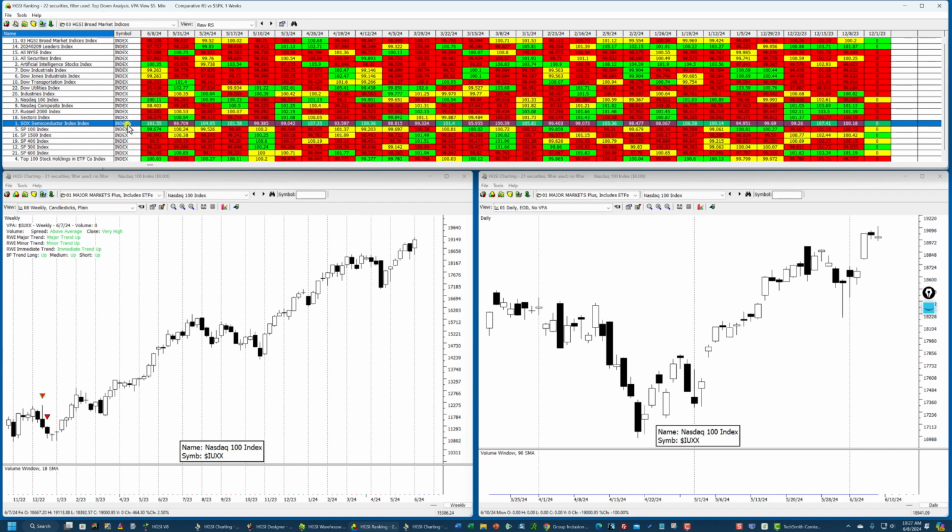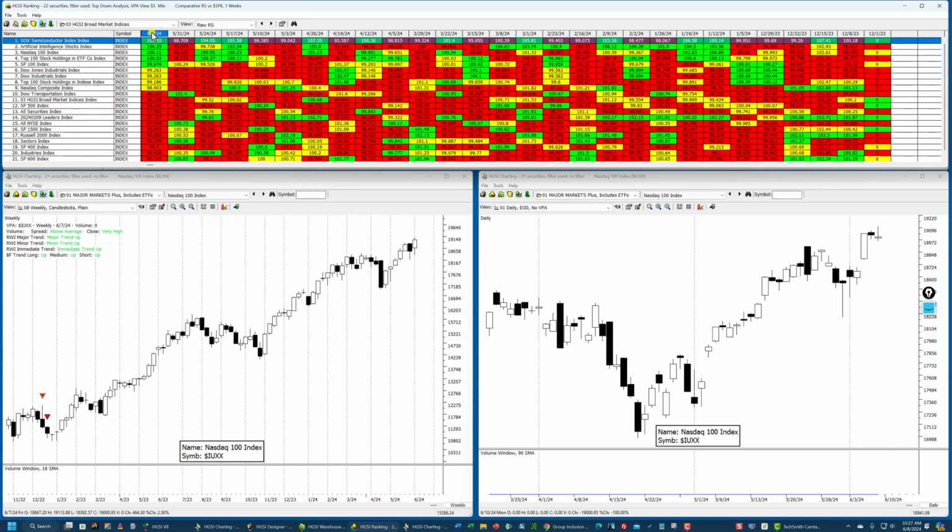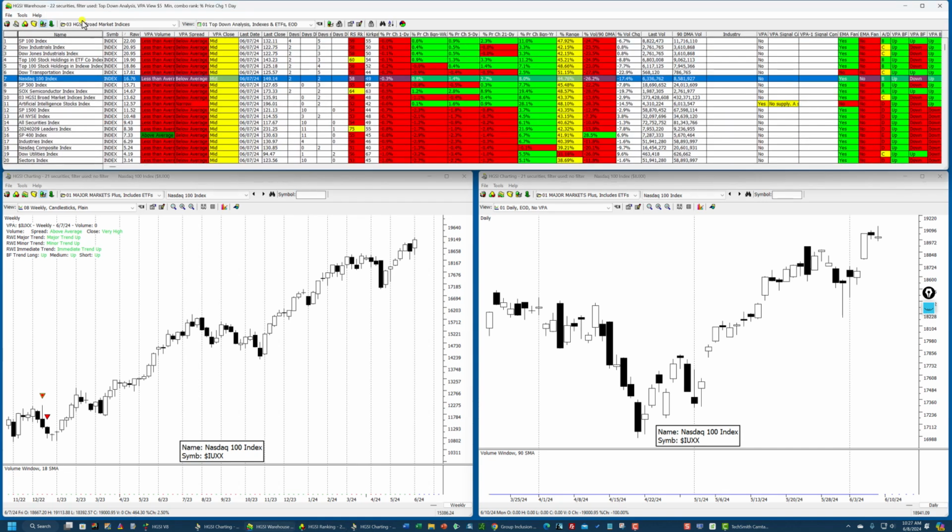Oh, this is a ranking module. That's why I didn't spot it right away. Let me sort on the ranking module. Here's the NASDAQ 100, and I'm just going to flip through to the warehouse view. That's what I'm looking for.